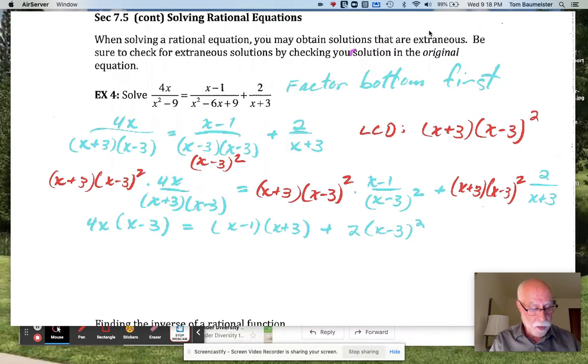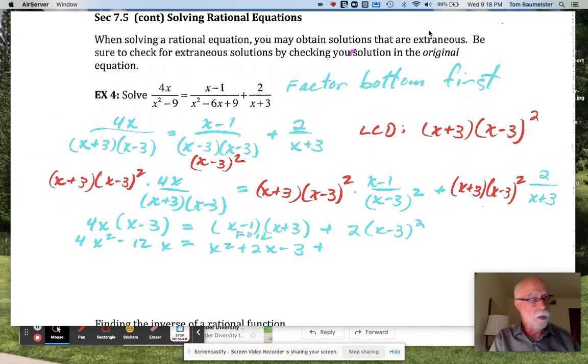All right. So now we're going to do just like we just did before. We're going to factor everything and set it all on one side, set it equal to 0. So I'll have 4x squared minus 12x on this side. Again, I'm going to FOIL these two. So FOIL. And if you did that right, you would get x squared plus 2x minus 3.